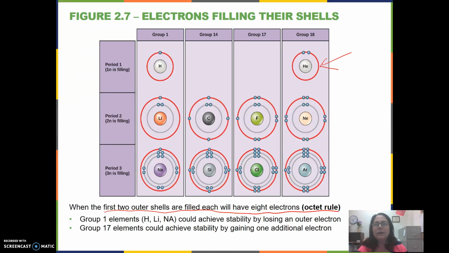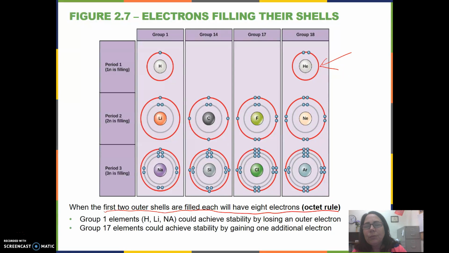Okay, so we also need to talk about stability. There's not a lot of notes on this, so I'll just have to explain it. The octet rule helps us to understand that what makes an atom stable is having a filled or complete valence shell.